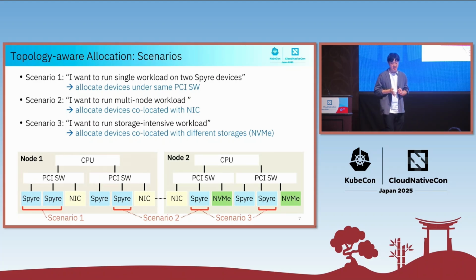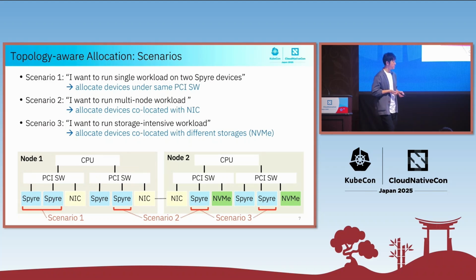Scenario 3 is almost the same as the NIC use case, but we'd like to keep using the same NV switch that exists in the same PCI switch. In terms of copying data from NVMe to the devices directly, for the key cache store or checkpointing, anything, the allocation of devices and co-location with the NVMe device is also important.